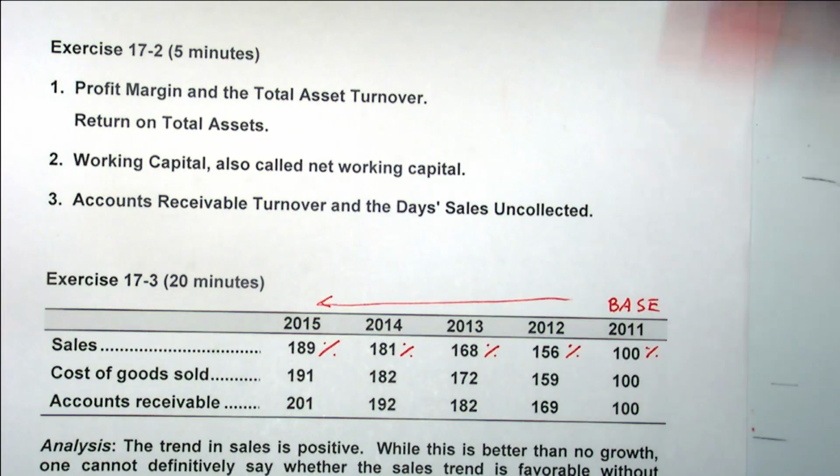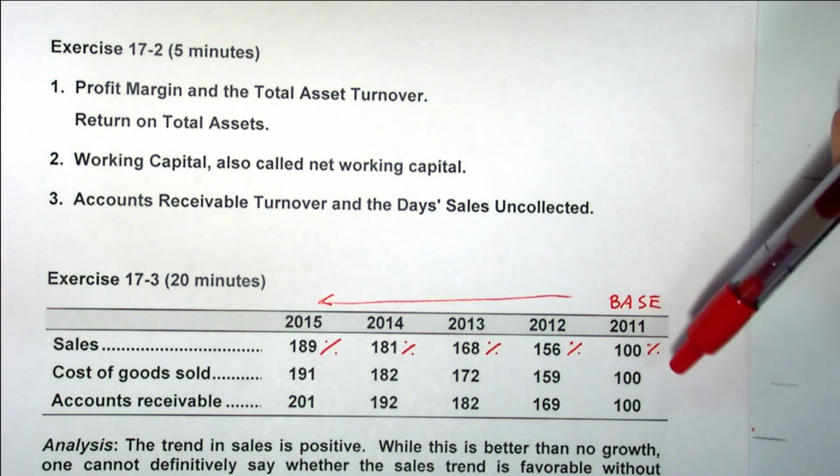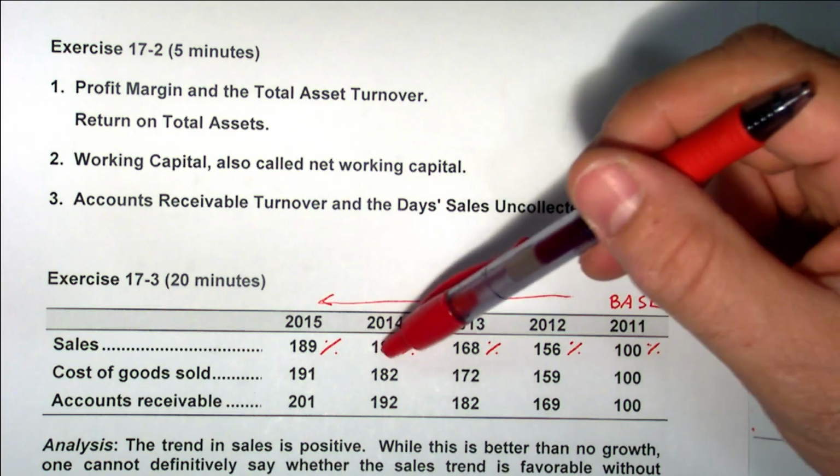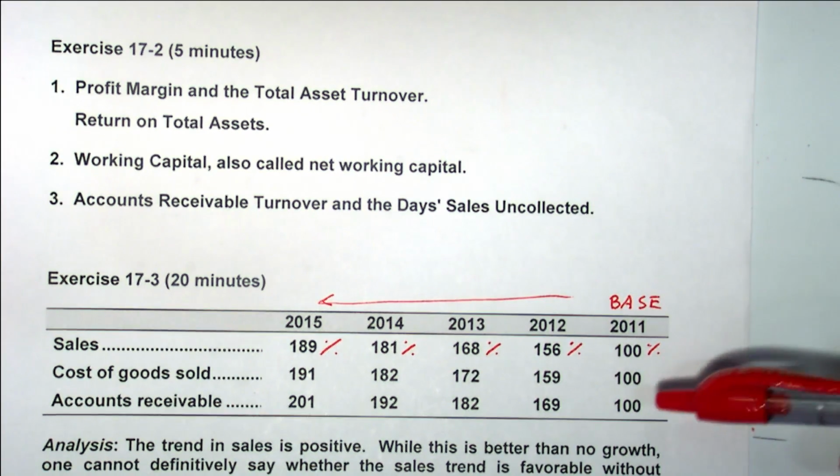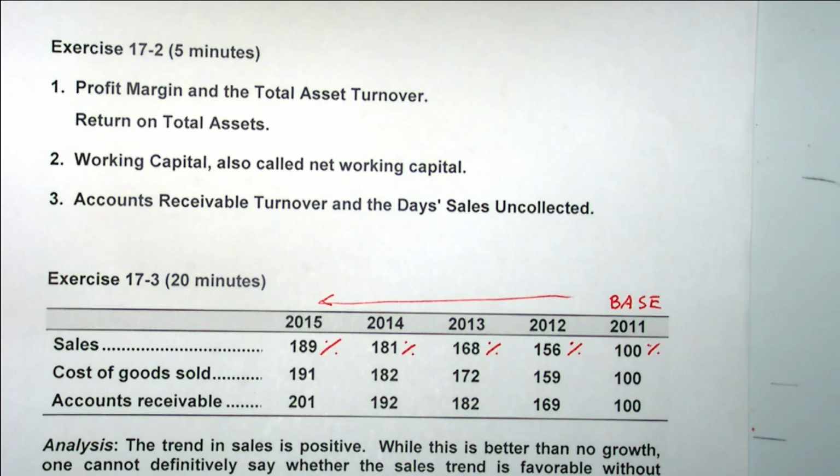Now, the other alarming thing here, well, we don't know if that's alarming or not. We don't know the competitor's rate of growth. But something that is alarming is that our cost of goods sold is increasing at a greater rate than our sales. Would you agree? Cost of goods sold is increasing at a greater rate than our sales.